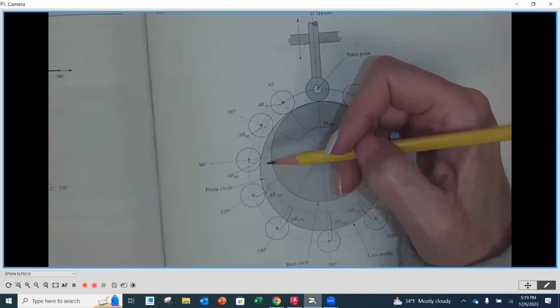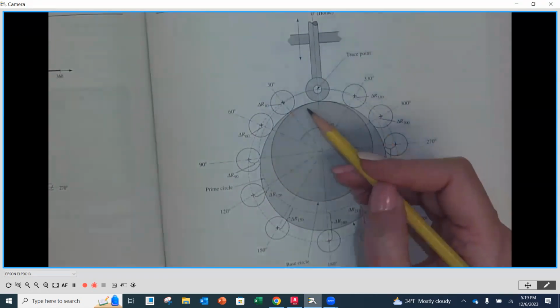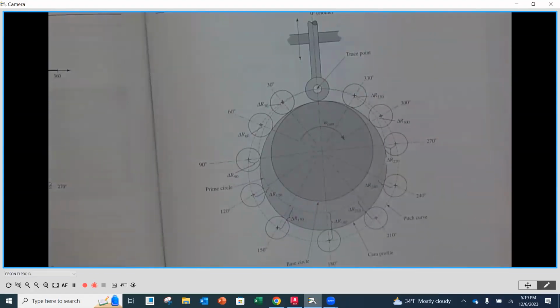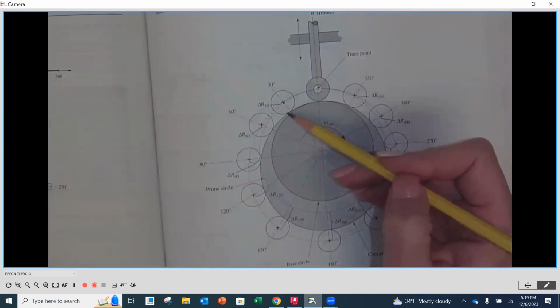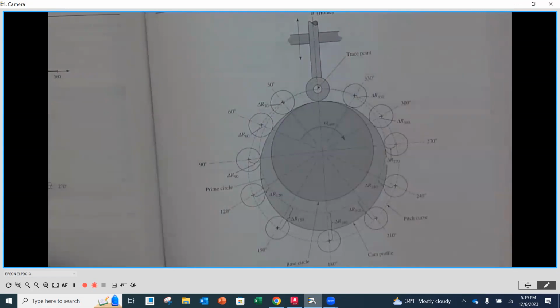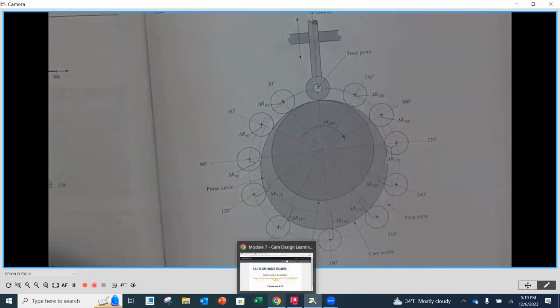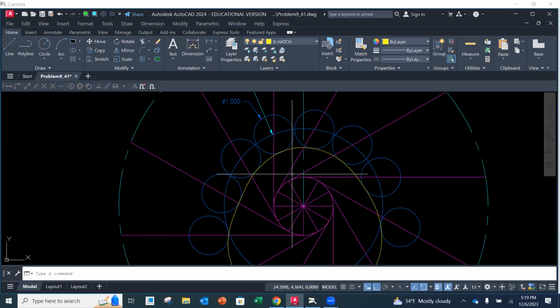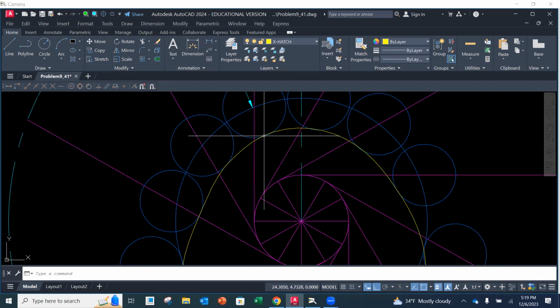Now, the difference in the construction here is that when we go around the circle, instead of taking actual points and using our spline, we're going to take tangency points along the outside. So in AutoCAD, if I go back over here, when we do that spline, and I know this is actually an offset, notice that we're going to catch the tangency points on those rollers as we come around.